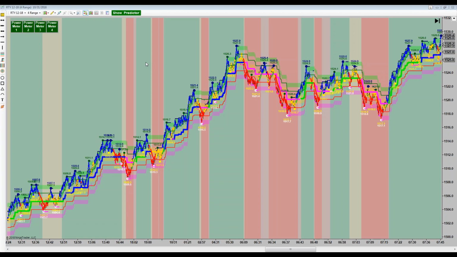Here's a Russell chart, a 4-range chart with all our indicators on it. For those of you that are visiting, we trade futures exclusively, intraday volatility, no overnight positions. We're connected to the data feed from our broker, Ninja.